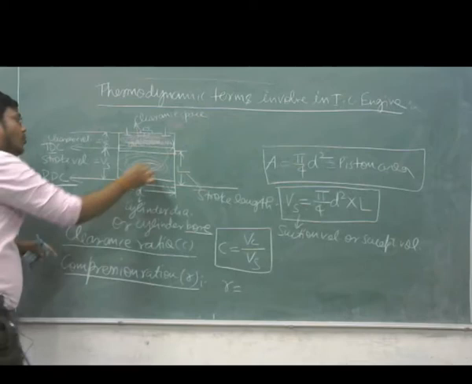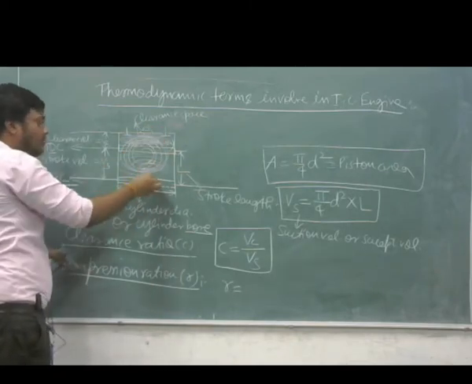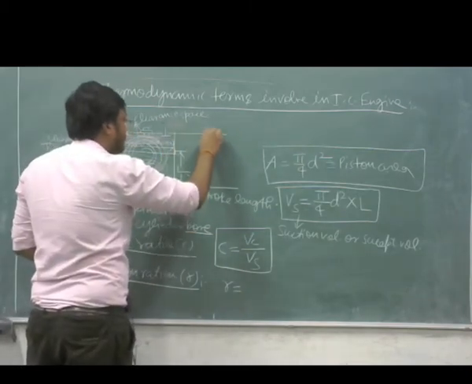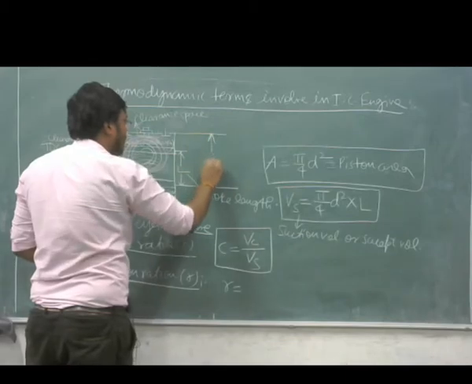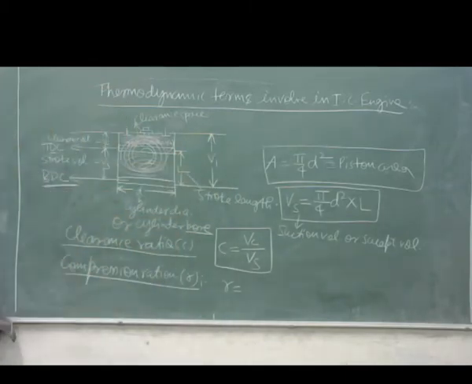So let us assume that this total volume is V1. This is the starting volume of the compression stroke.